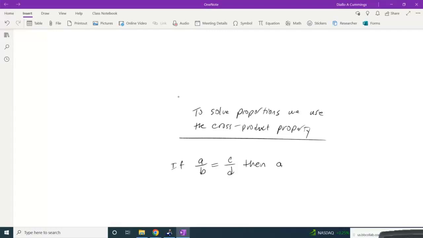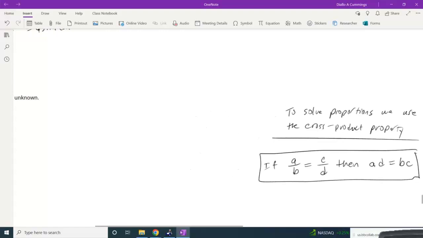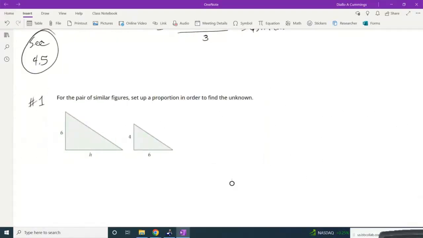We can cross multiply A times D and set that equal to B times C. So we're going to set up these proportions and use the cross product property to solve. All right. So if we look at the first one, it says for the pair of similar figures, set up a proportion in order to find the unknown sides.